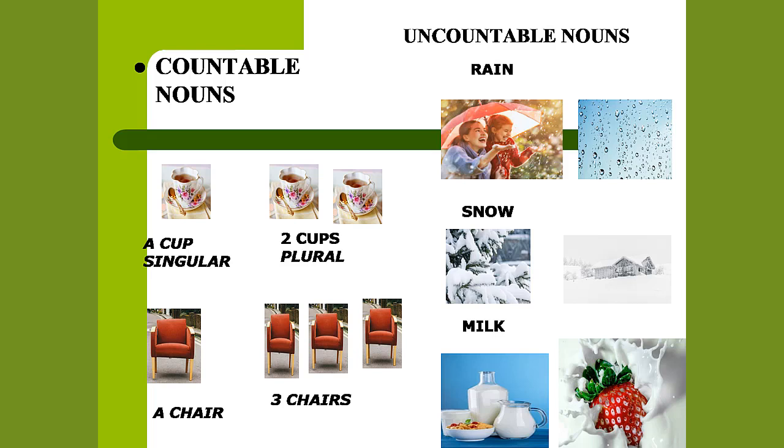A chair, 3 chairs. Now uncountable nouns like rain, you can't count rain. Snow, you can't count snow. Milk, milk is a liquid, so that you can't count milk. Now these are some examples of countable and uncountable nouns.